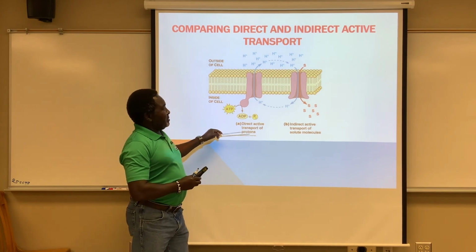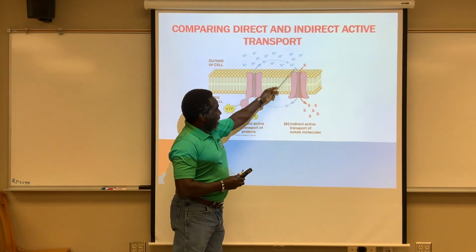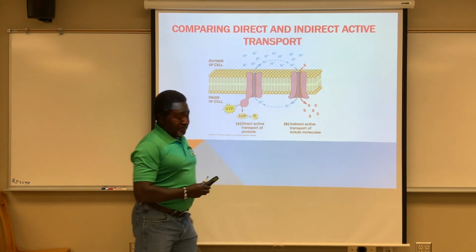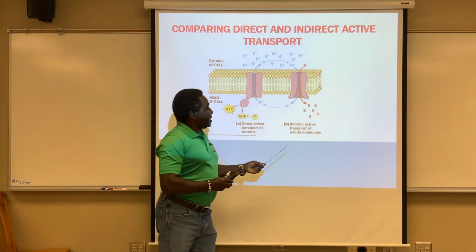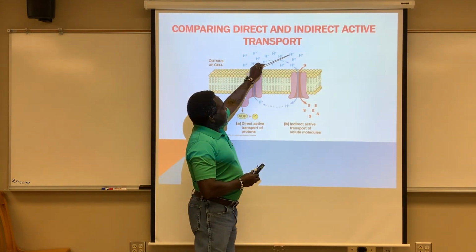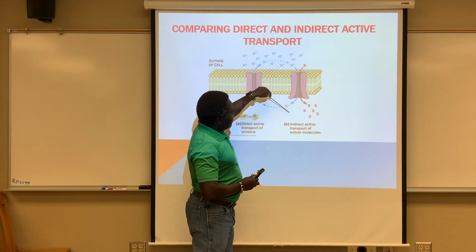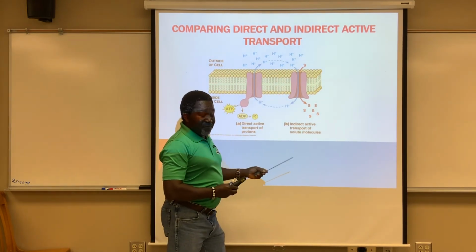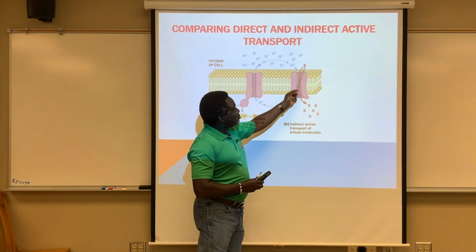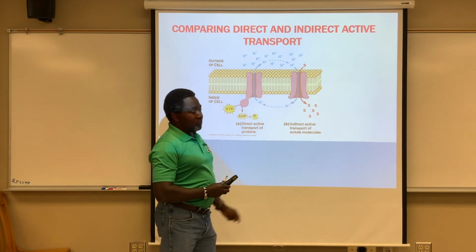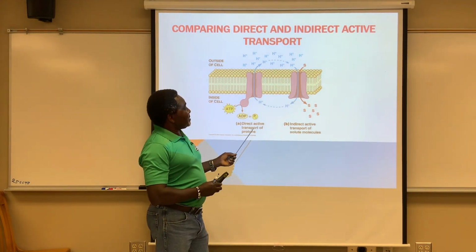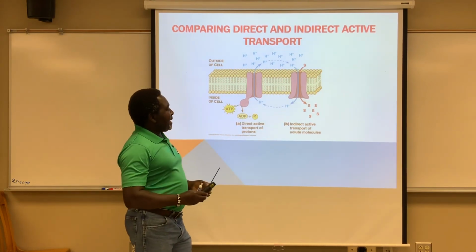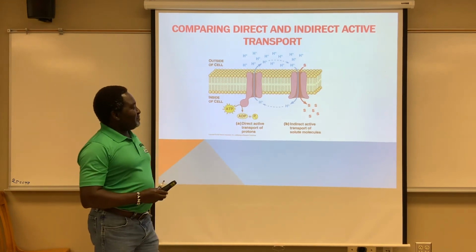The only way the hydrogen ions can move back into the cell is through this other protein here. But the arrangement is such that as your hydrogen ions flow down the concentration gradient from high concentration to low concentration, they facilitate the movement of a second solute against its concentration gradient. So in this arrangement, the second solute is said to be transported by indirect active transport.